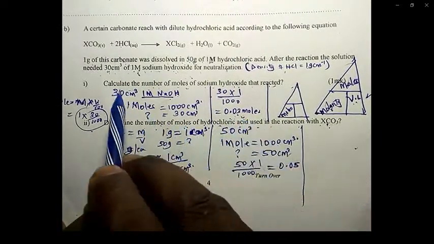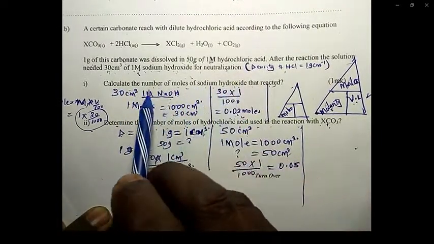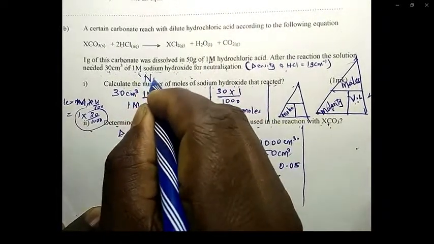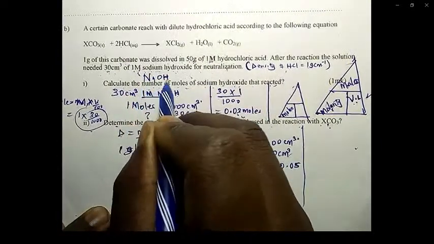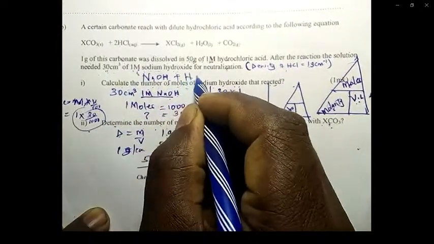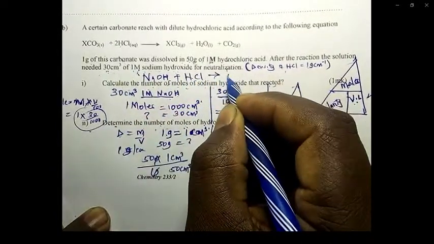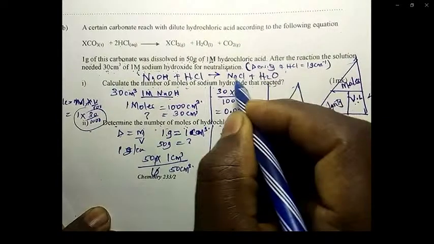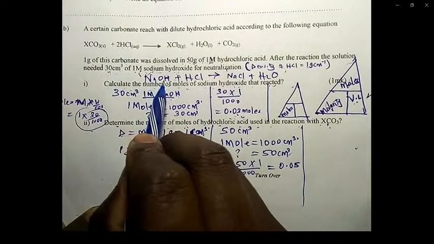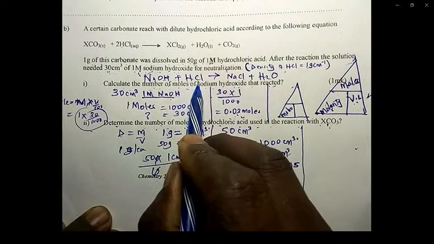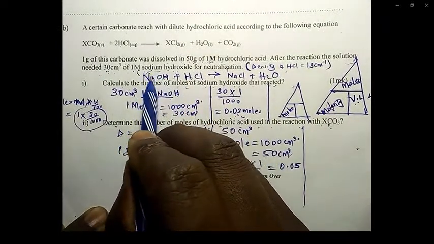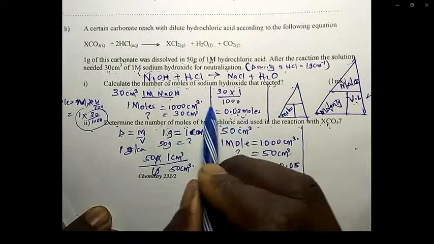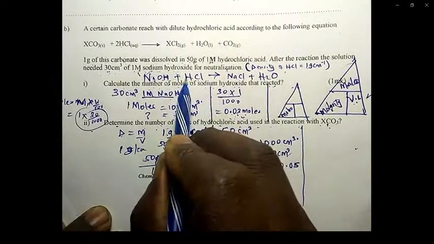Why? The ratio of sodium hydroxide and the HCl is 1:1. Sodium hydroxide reacted with excess HCl to give sodium chloride plus water, the ratio is 1:1, meaning that the number of moles of sodium hydroxide will be equal to the number of moles of HCl. We know the number of moles of sodium hydroxide is 0.03. It means that the number of moles of excess HCl is 0.03.